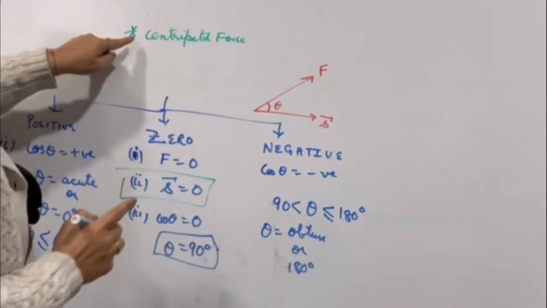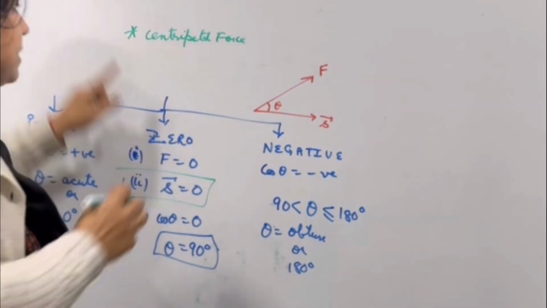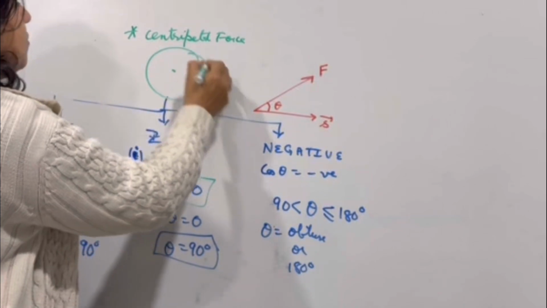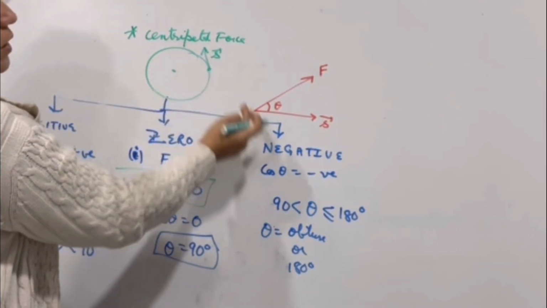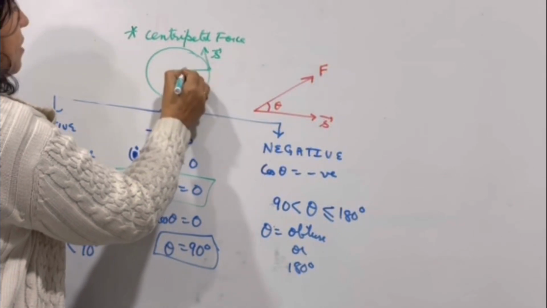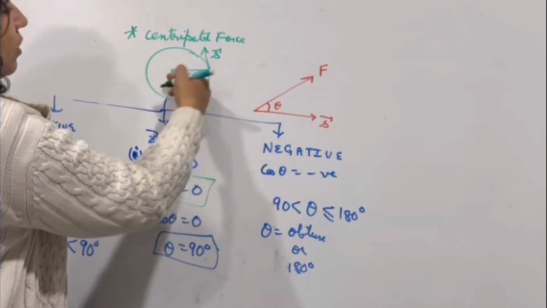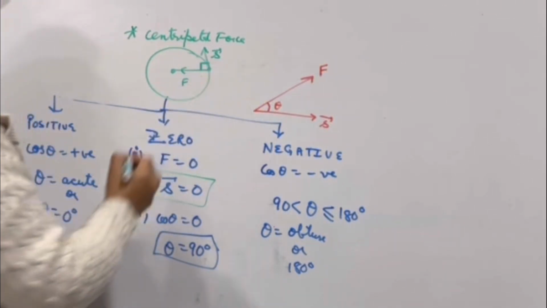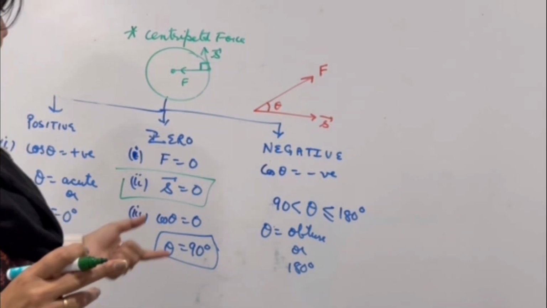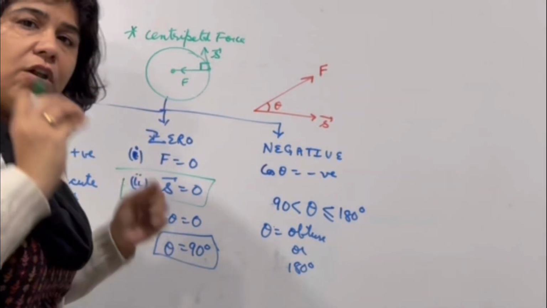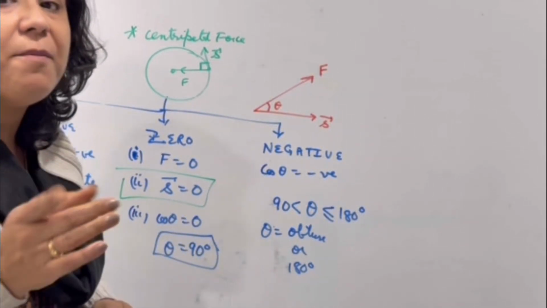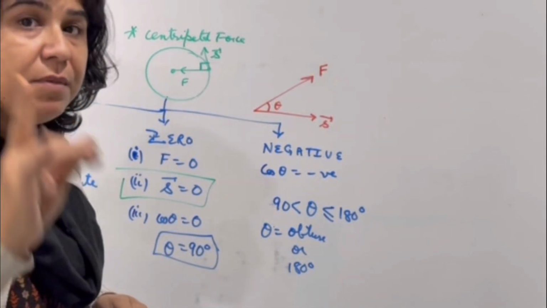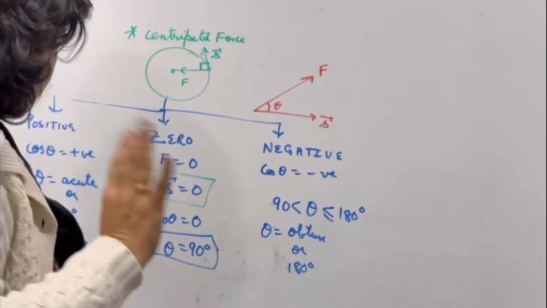Centripetal force always does 0 work because the body is moving in a circle. So the displacement is along the tangent and centripetal force is always along the radius. The angle between them is 90. So please remember, in every case, centripetal force does no work. It is useless, its work done is 0, right?